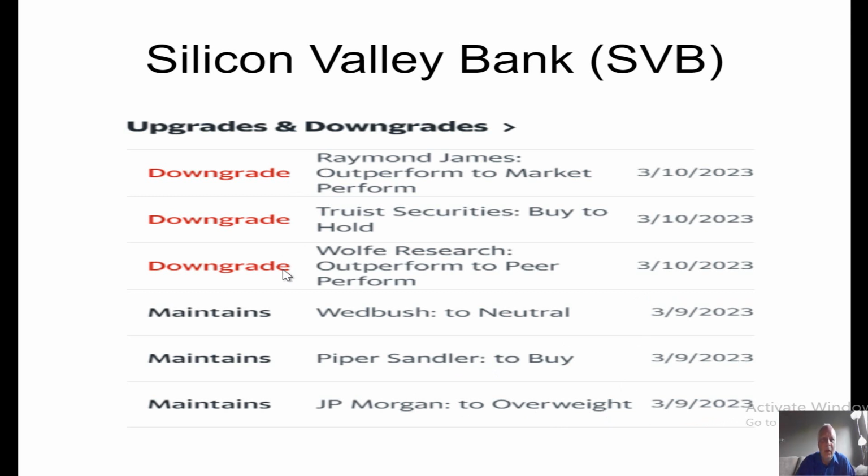So again, you have to do your own research if you're going to be successful in fundamental trading on things like this, because even people like Morgan, who have an entire staff that's supposed to be looking at the banking sector, don't seem to be very good at analyzing bank stocks.